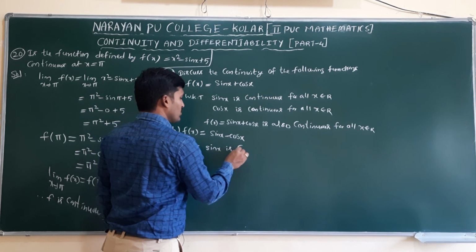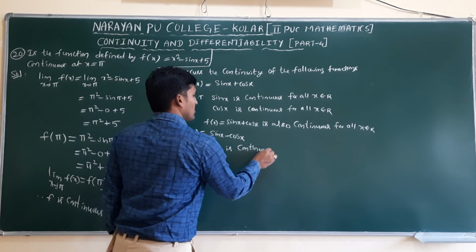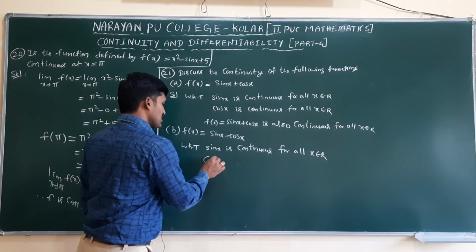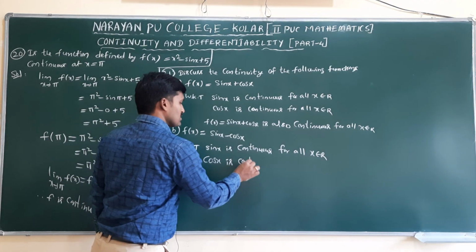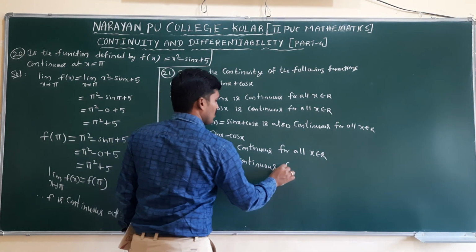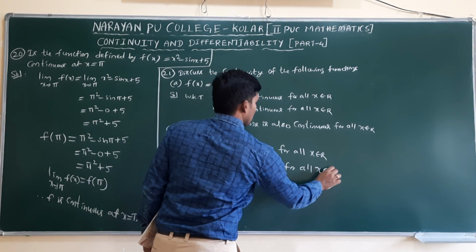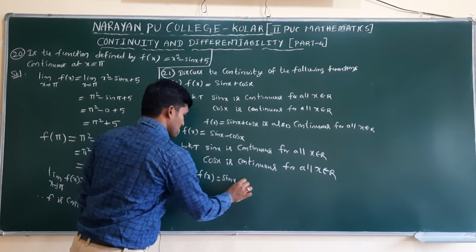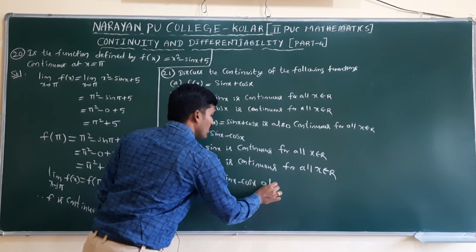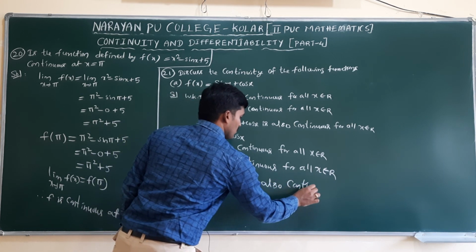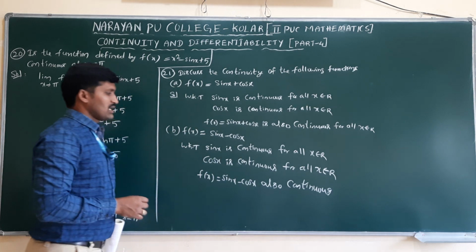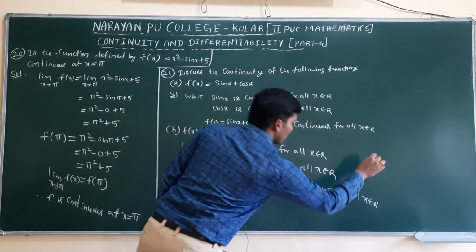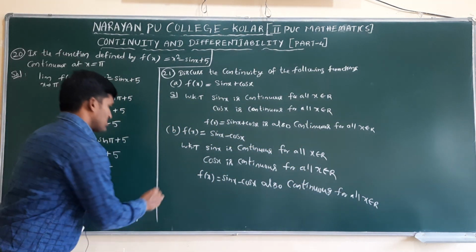Sin x is continuous for all x belongs to R. Cos x is continuous for all x belongs to R. Their difference, sin x minus cos x, is also continuous for all x belongs to R.